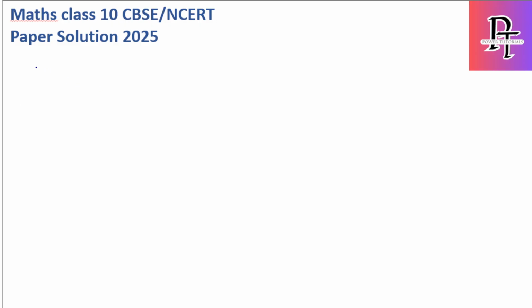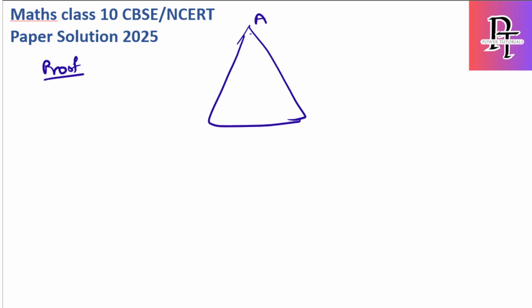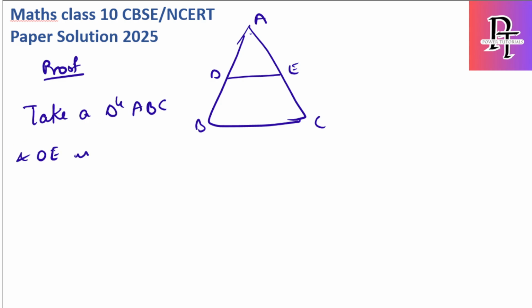So for proof, what you have to do is take a triangle ABC and DE is the line parallel to BC. So we'll write here, take a triangle ABC and DE is parallel to BC.